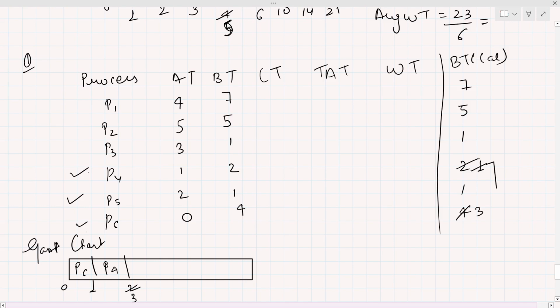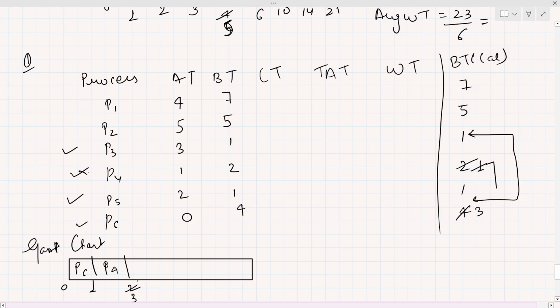After P4, now the time is 3. At 3 we have 3 processes available, P3, P5 and P6. Between these 3 processes we have to select the one with the smallest burst time. Here you can see there is a tie again between P3 and P5.